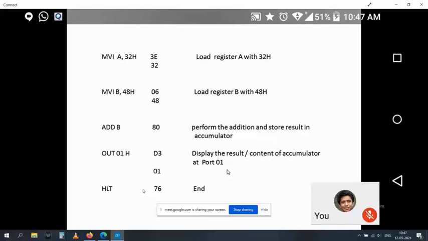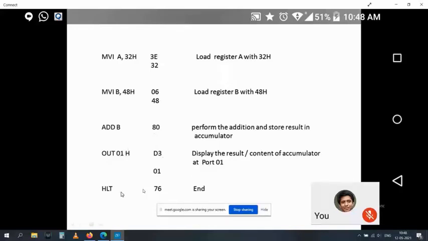But if you see here, addition is also taking place. I first loaded 32H, then loaded 48H into B. Then I have added 48H and 32H and stored the result in the accumulator. I am giving the output of that addition to port 1, and then I am saying halt, which ends the program.